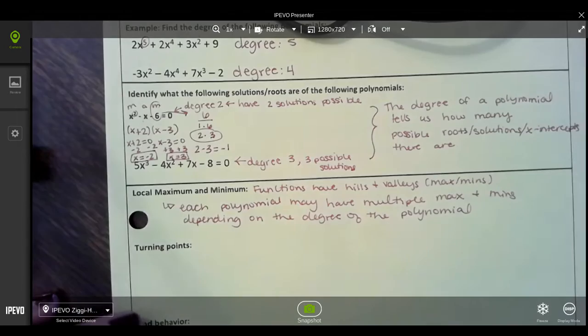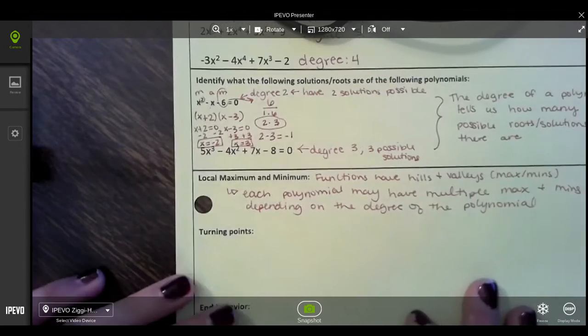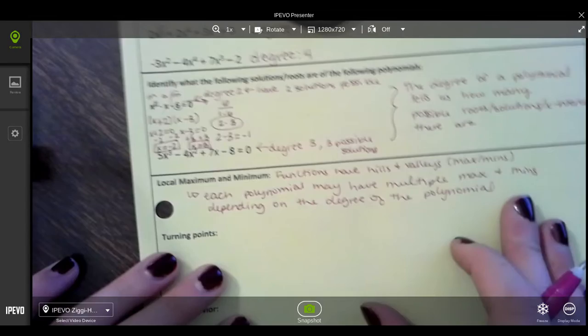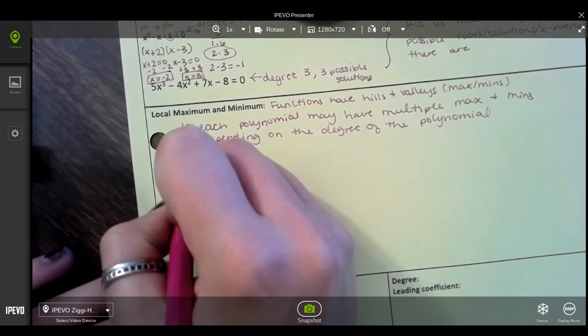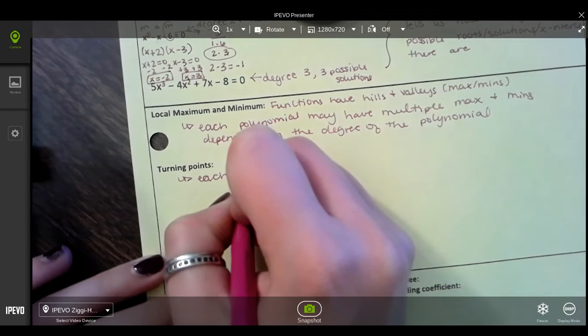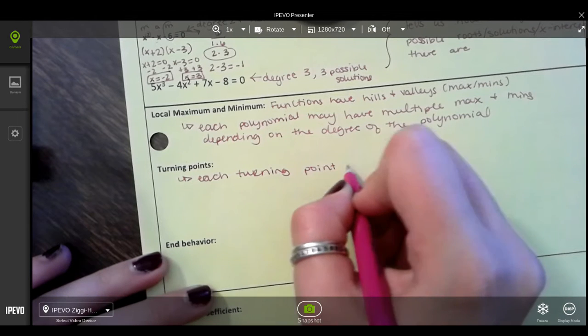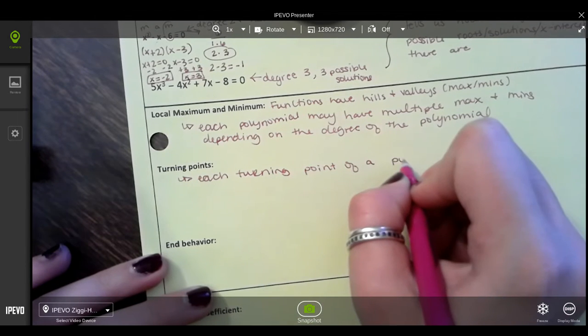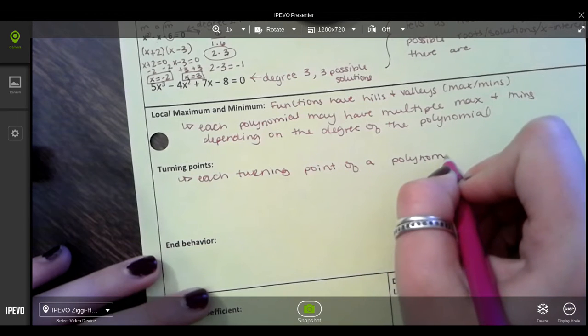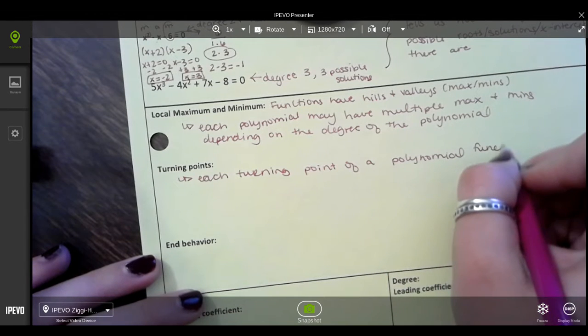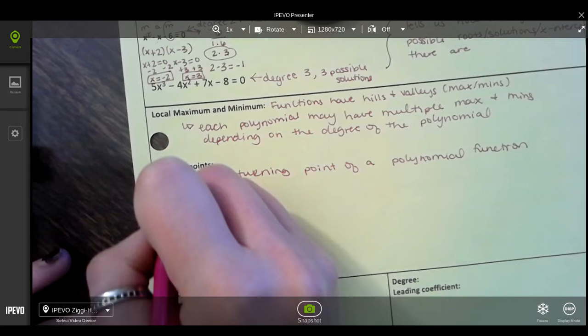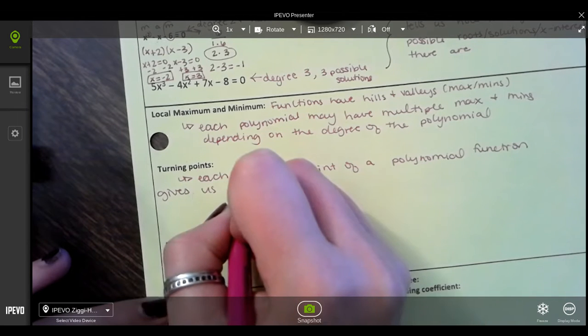These maxes and mins are called our turning points. Each turning point of a polynomial function gives us a max or a min.